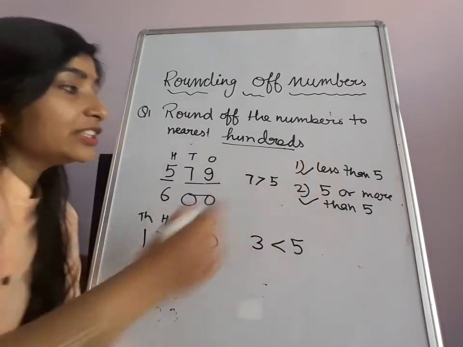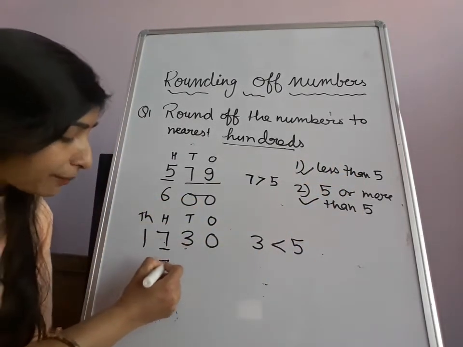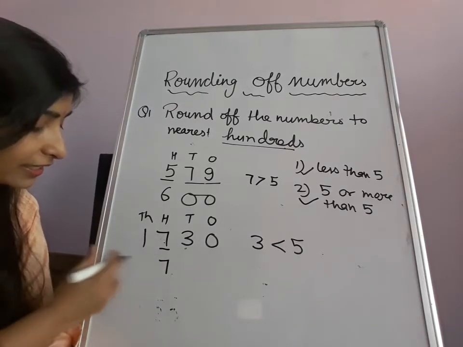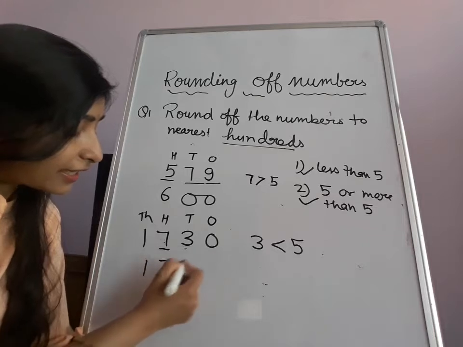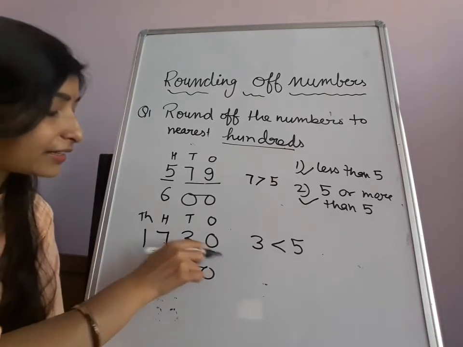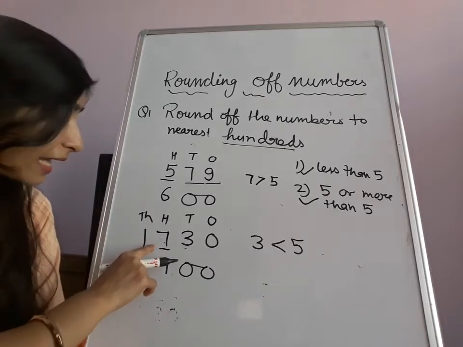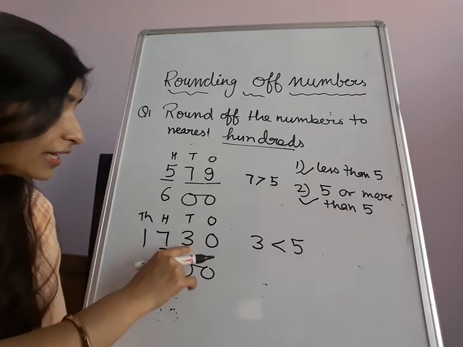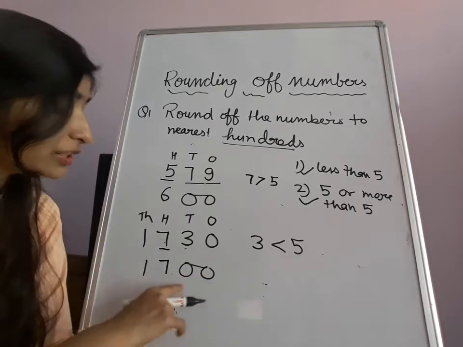So the first condition is there, less than 5 is the first condition. So this 7 remains the same. All the digits to the left hand side remain the same and the 100 place, tens place and ones place become 0. So 1730 is nearest to 1700.